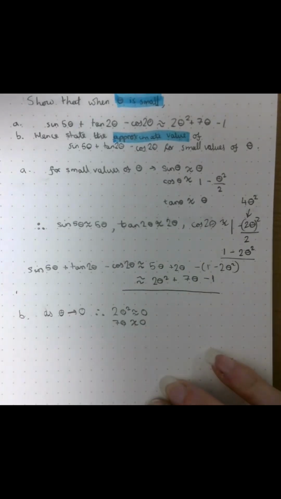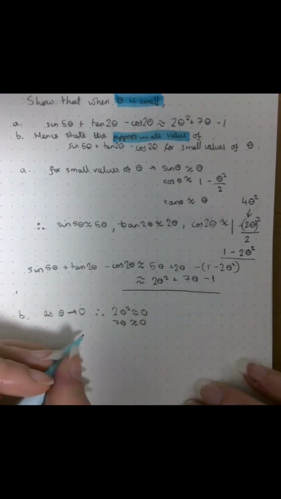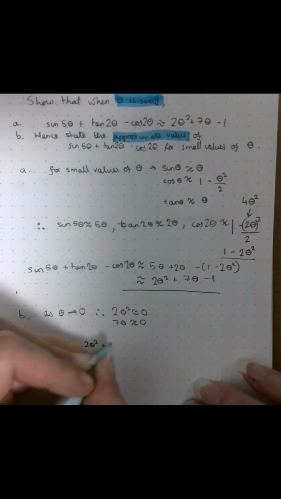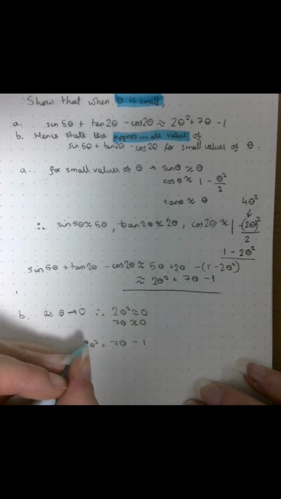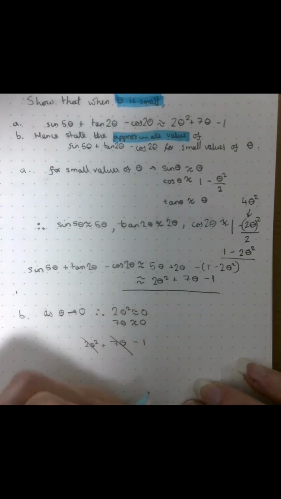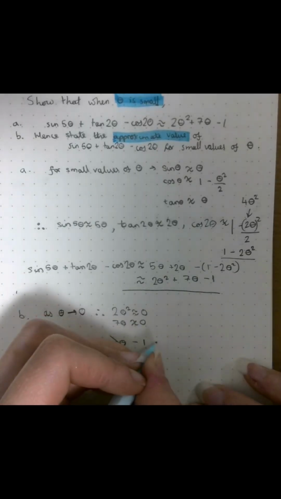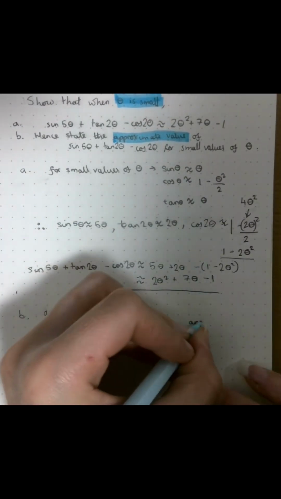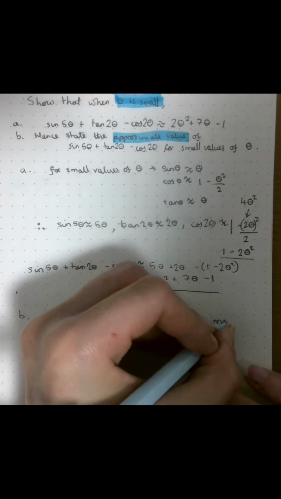So therefore, you might have thought, oh, we need to do a quadratic or anything, but no, if it asks for the approximate value, you're basically just going to replace all your thetas with zeros and then see what's left over. So we have our 2 theta squared plus our 7 theta minus 1. That bit's going to tend to 0, that bit's going to tend to 0, which means we are just going to be left with minus 1. So the approximate value is just minus 1.